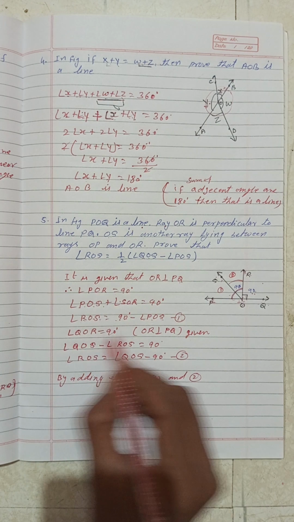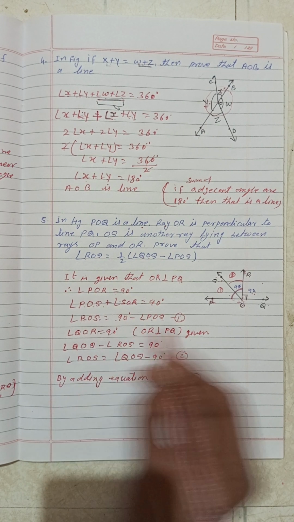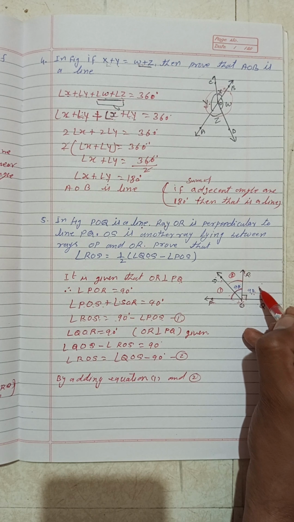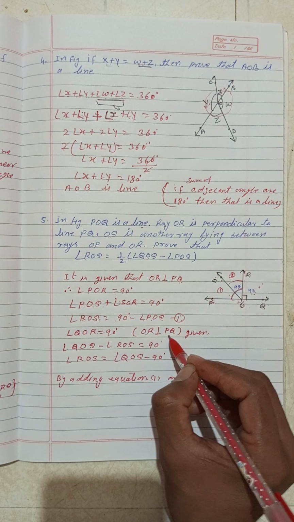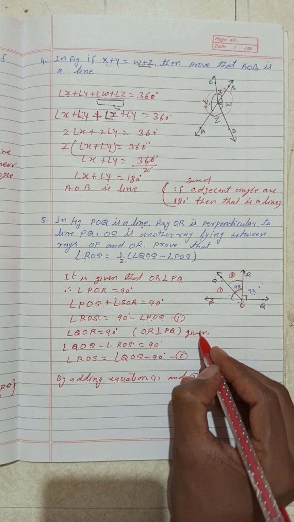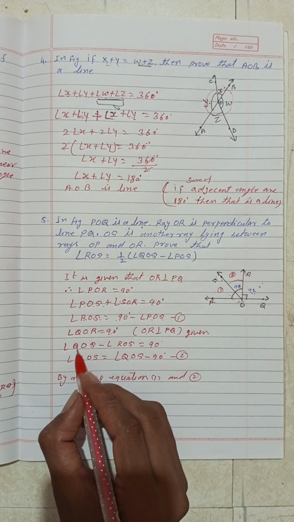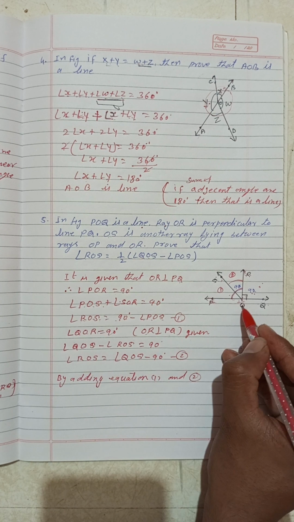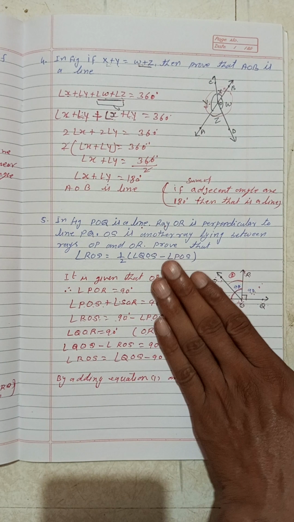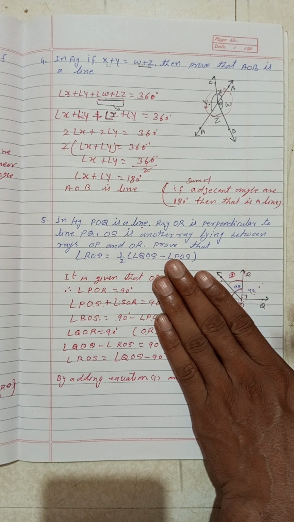Now, angle QOR is 90 degrees already. Why? Because OR is perpendicular on PQ, it is given. So we can write angle QOS is 90 plus angle SOR.